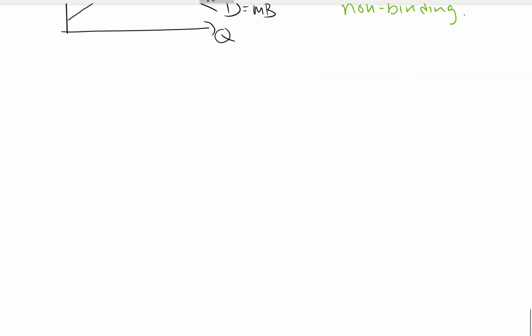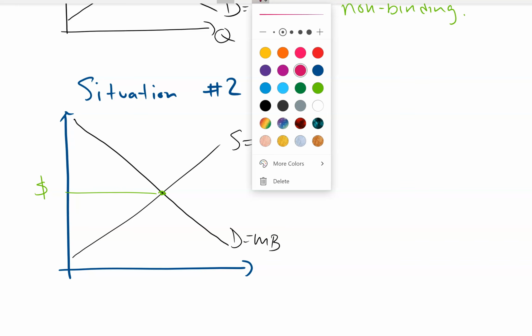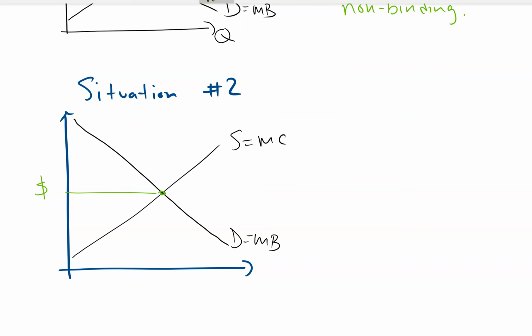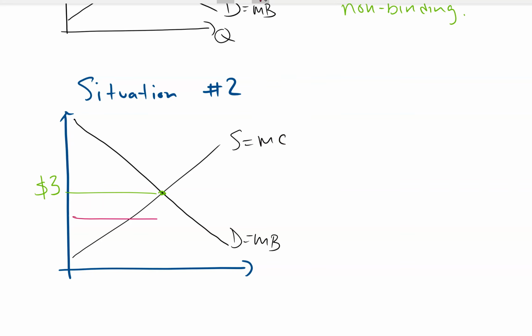So let's look at a more meaningful situation. Situation number two, in this case, is going to be binding. Let's suppose the equilibrium price is $3, and the price ceiling is set here at $2. Now the price ceiling is actually going to bind, and what's going to happen is we're going to get a shortage.